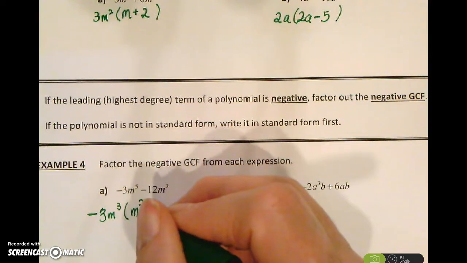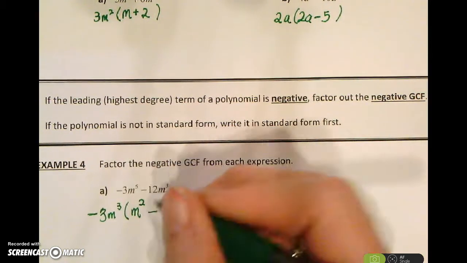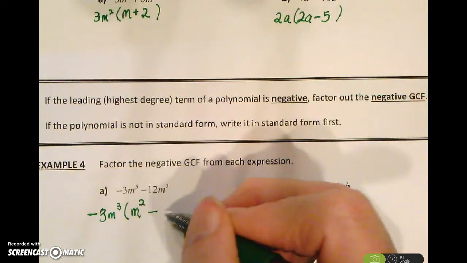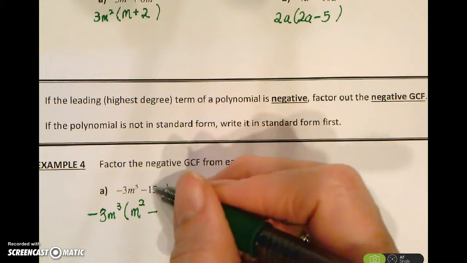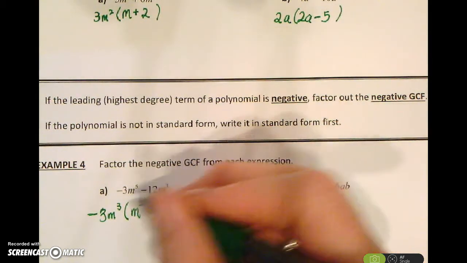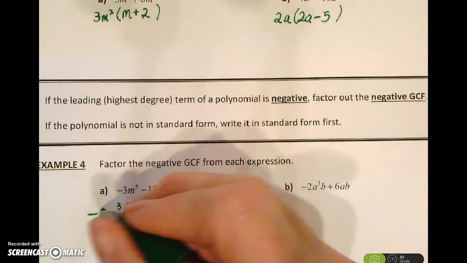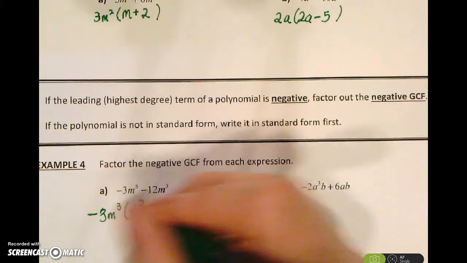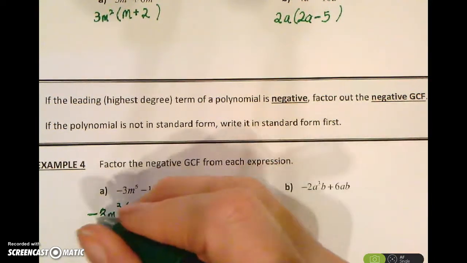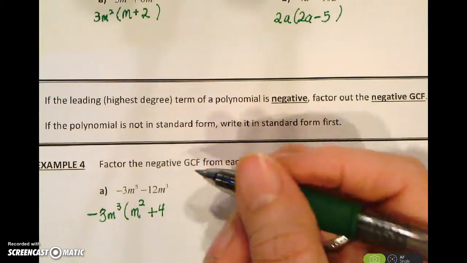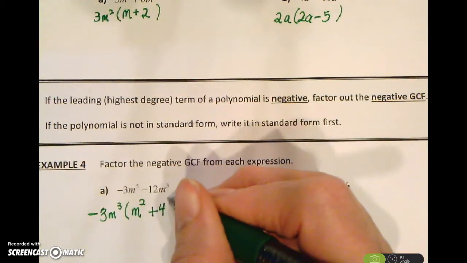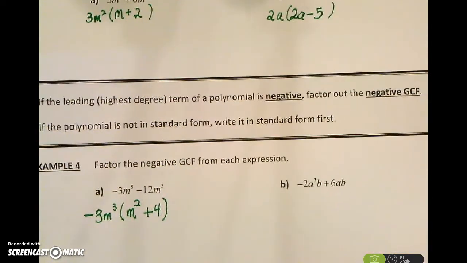I always double check it. You can see that that multiplies back. Then negative 3 times what is going to give me a negative 12? It's going to have to be positive, a 4. So negative 3 times positive 4 is negative 12, and I don't need any more m's.